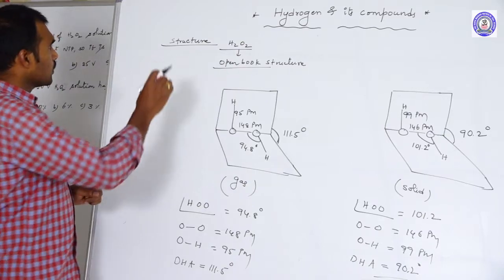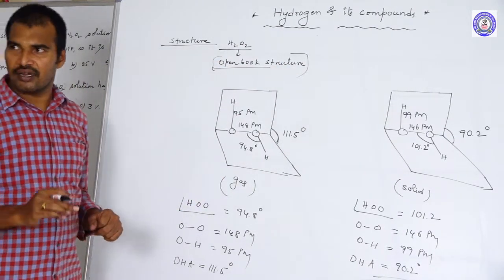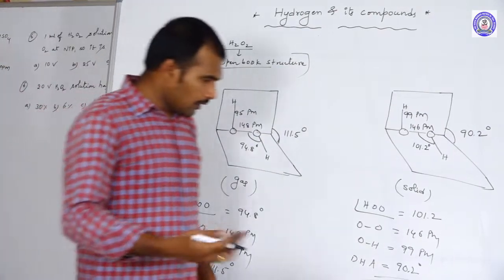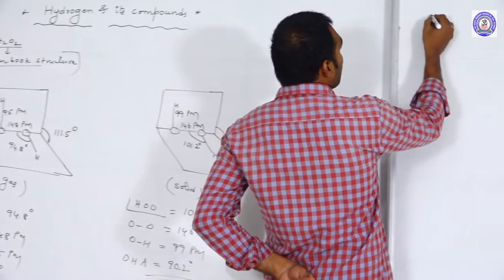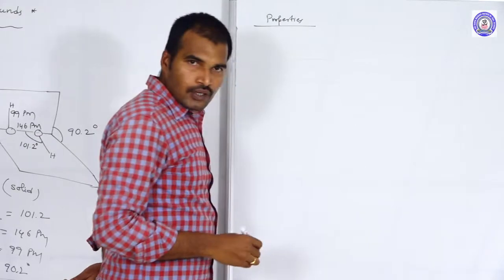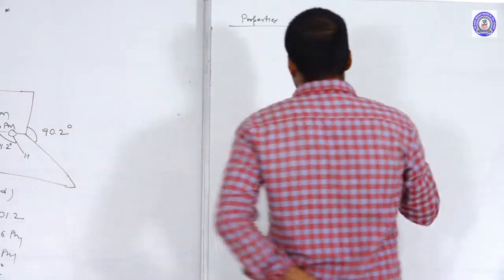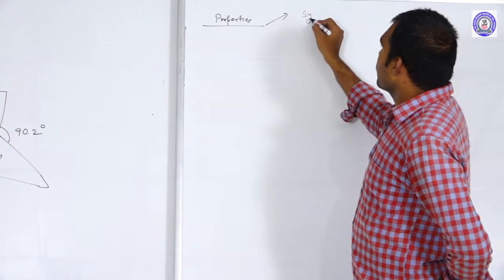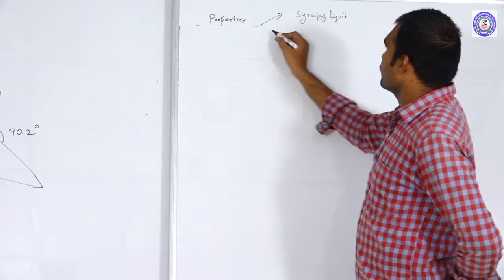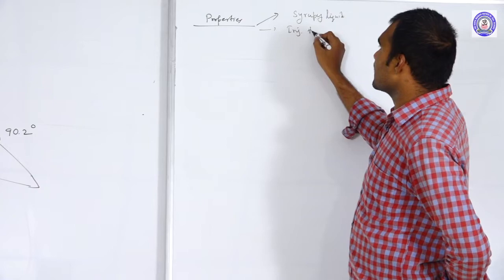Okay, once again, what is the structure of H2O2? It's an open book-like structure or laptop structure. Let us discuss the properties of H2O2, briefly. H2O2 is a syrupy liquid, and it is injurious to skin.